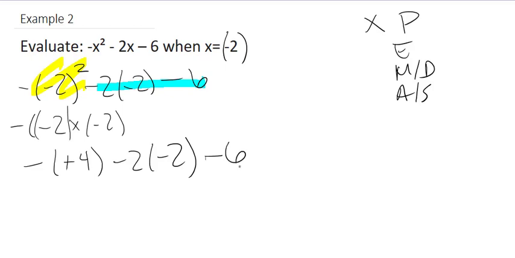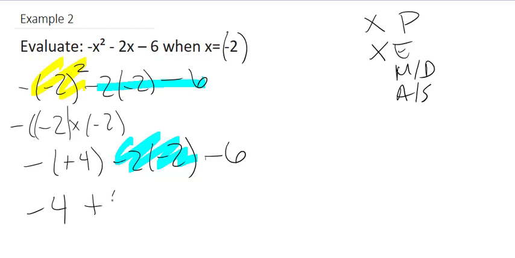So we have done our exponents. Now let's look for multiplication or division, which we see that this is 1. So let's multiply that number. So we have in the front, we'll just get rid of that positive sign because it's -4. Now we have -2 times -2. So anytime we have two negative numbers, we have a positive number.